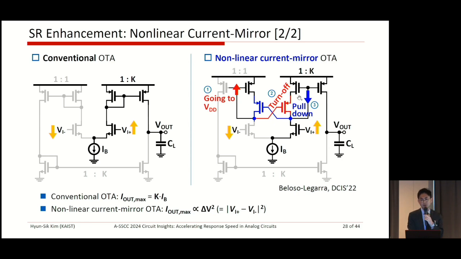Therefore, this IB current directly pulls down the gate of this node close to 0 volts. Therefore, a very large current, proportional to delta V squared, is intrinsically generated by the MOSFET V-to-I conversion, and this highly boosted current will be supplied to the output.